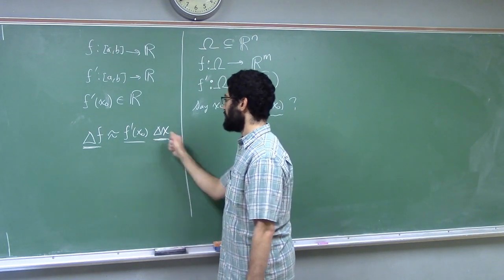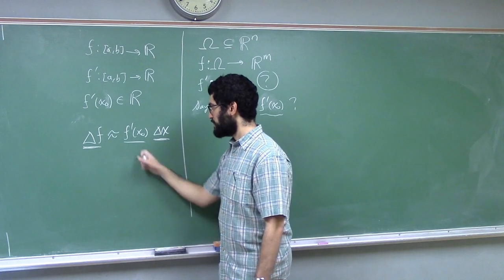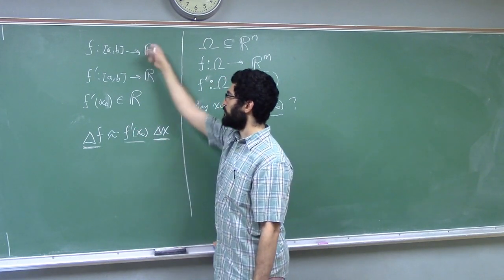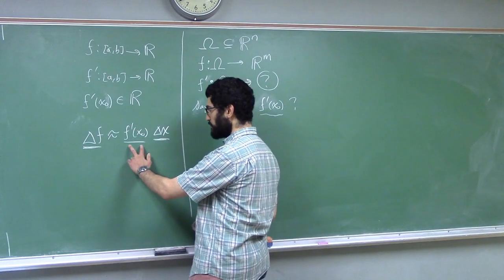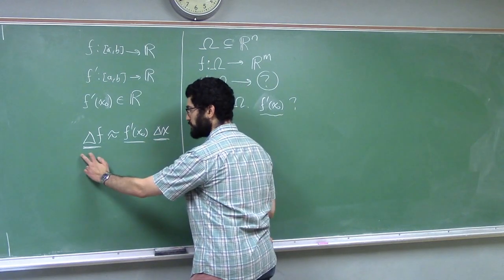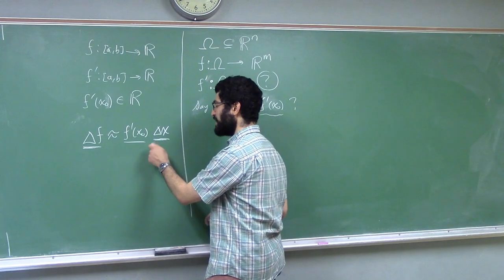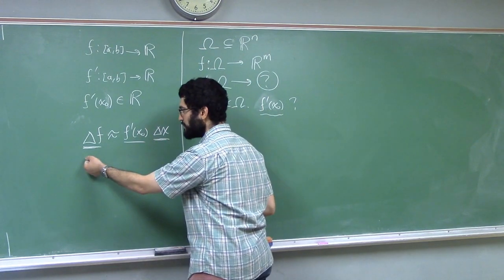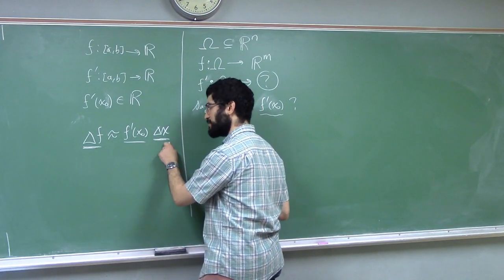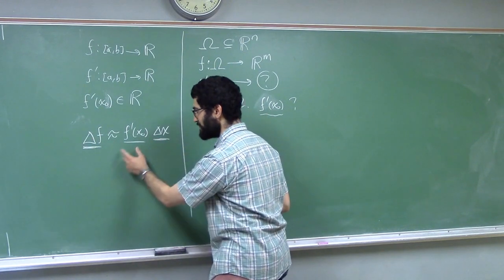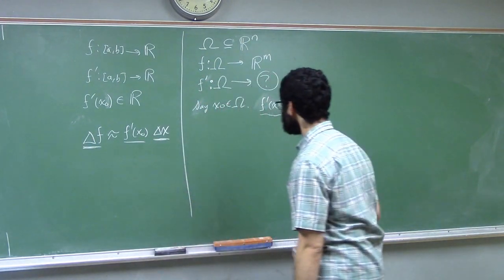So it should map input changes to output changes. Just like this number in the one-dimensional situation tells you how input changes correspond to output changes. If this number is 2, then increasing the input by a certain amount increases the output by twice that amount.